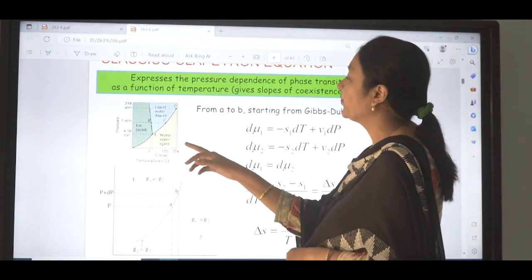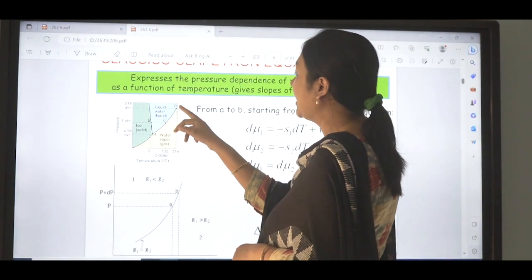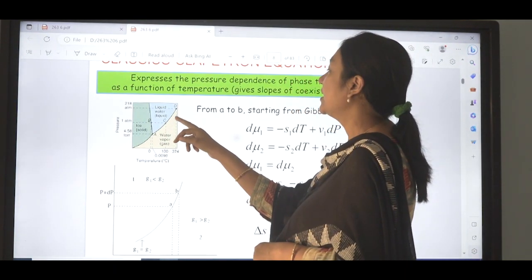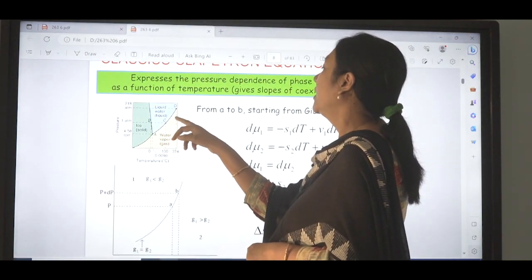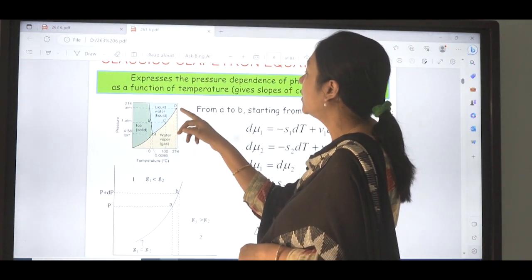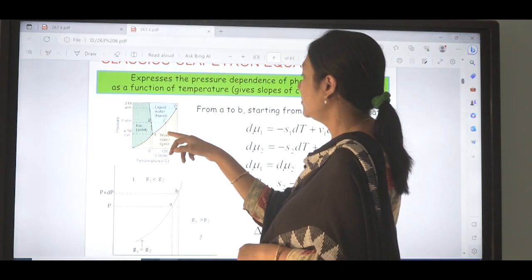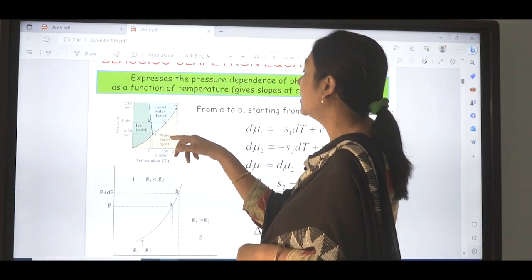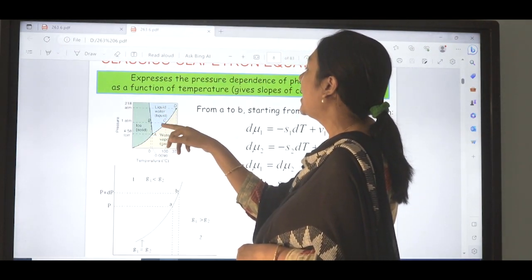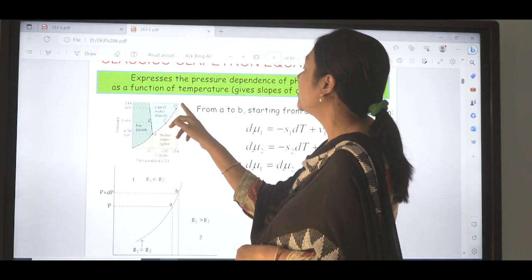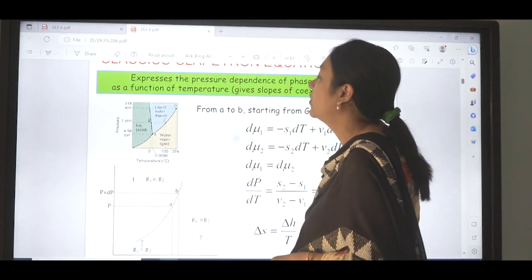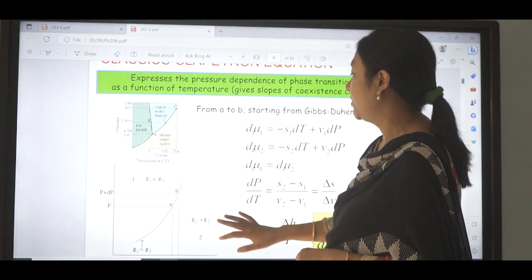So basically the AD line is called the vaporization curve. Ice to liquid is called the fusion curve, and ice to vapor is called the sublimation curve.